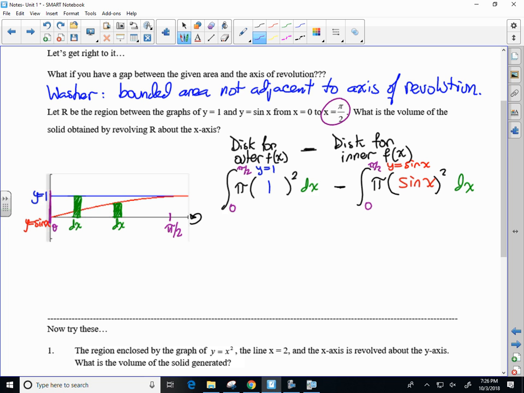All right, so these two integrals, when subtracted, will give you the correct bounded area revolved around the axis. So just that little sliver of area, this little triangular wedge here, just this part is getting spun around.